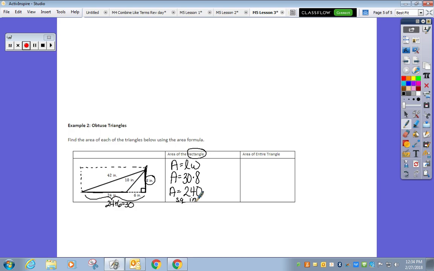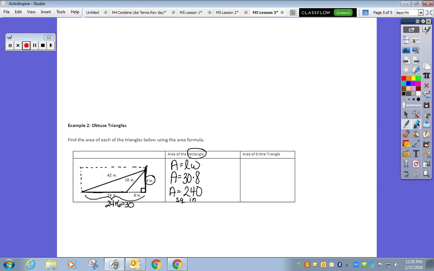Now this still does not tell me what the area of the triangle is. It's telling me this part, the whole thing out here, so all of this space. So what I would have to do is use two other triangles that are formed from this and subtract them out.